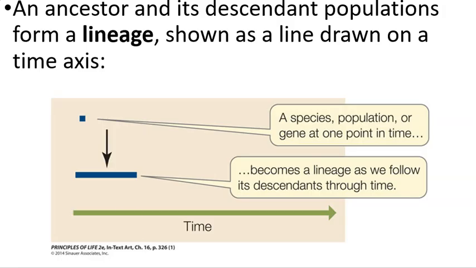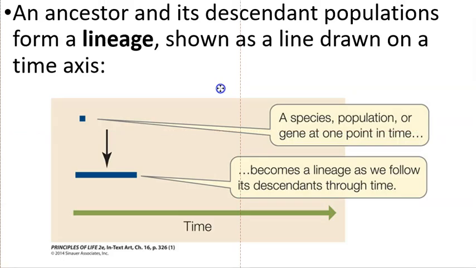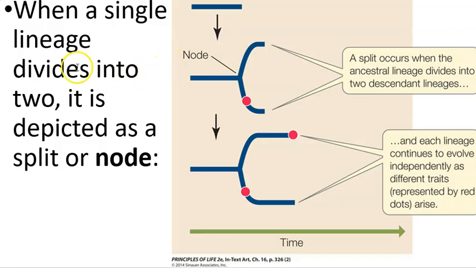So a phylogenetic tree is, sorry, I'm not moving the right thing. It's fine. An ancestor and its descendant populations form a lineage. So species, certain time, and then the lineage goes through time, okay? And then when a single lineage divides in two, so there's some sort of speciation event, we'll talk about that in the last lecture.